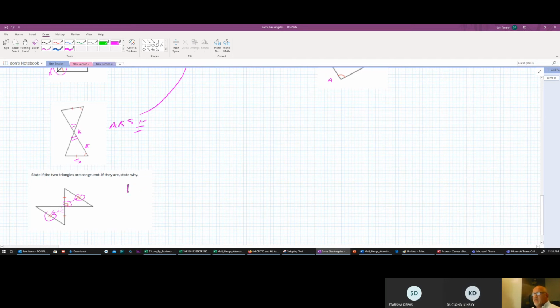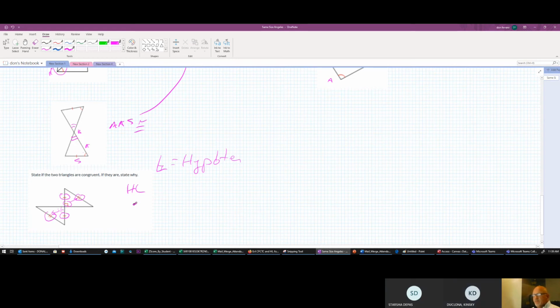Now, the theorem that we're talking about here is hypotenuse leg. So we know we've got a hypotenuse because we have a right angle. Whenever you see the right angle, you're probably looking for hypotenuse leg. Now, what do we know about this side and this side? One tick and one tick.